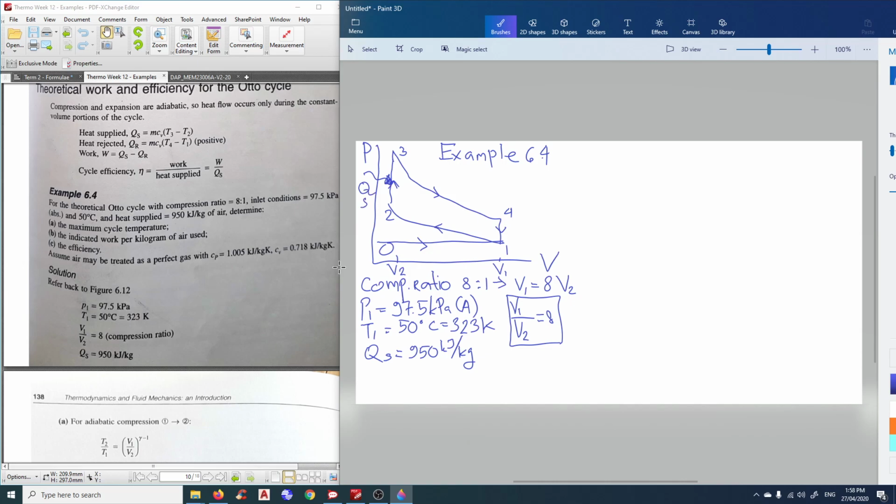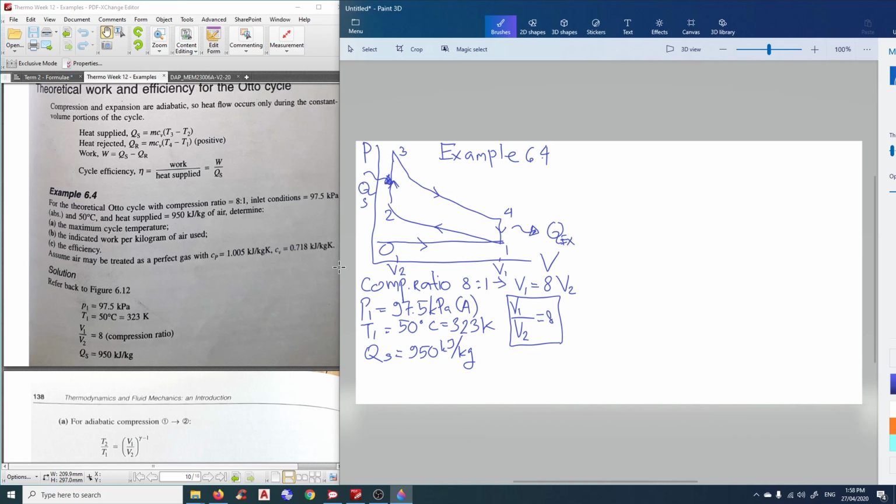The heat is being exhausted here, because this is an exhaust cycle. Q exhaust. I think we have enough data to start this question.